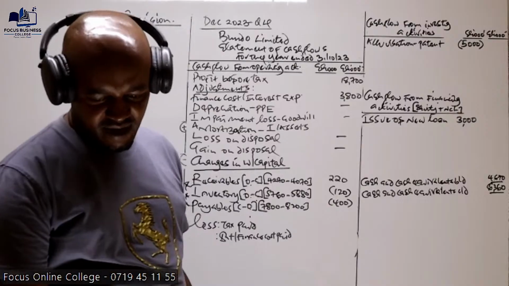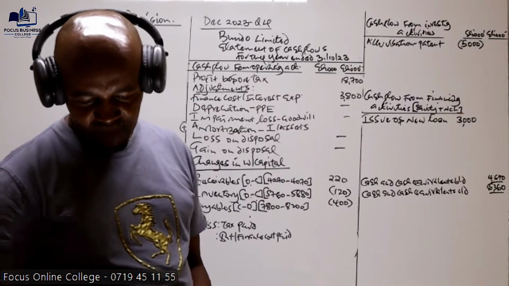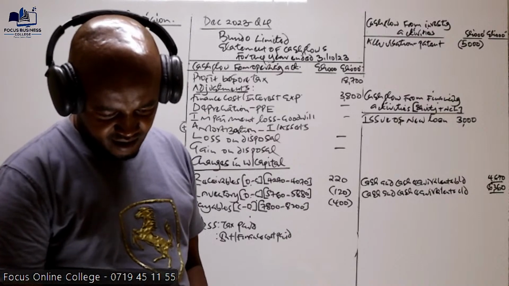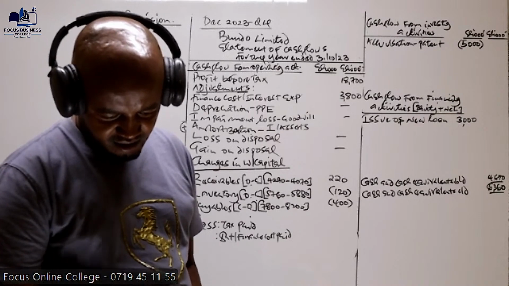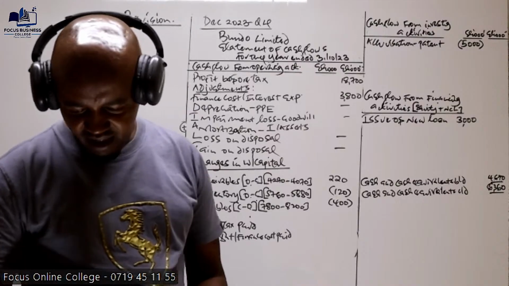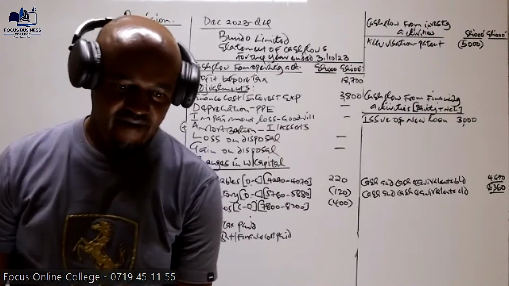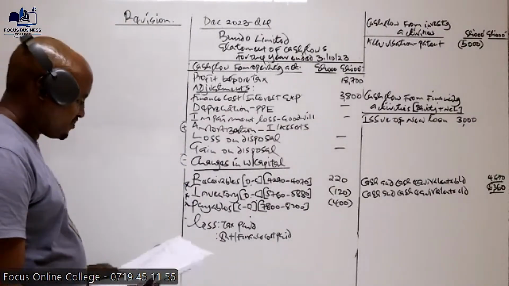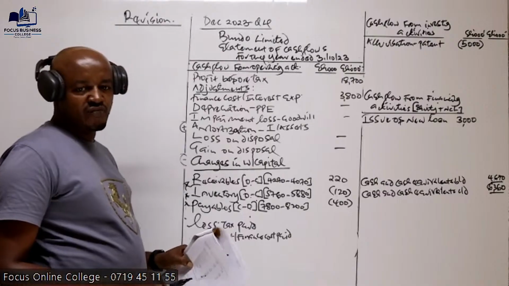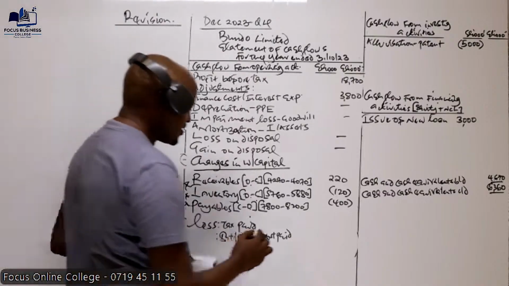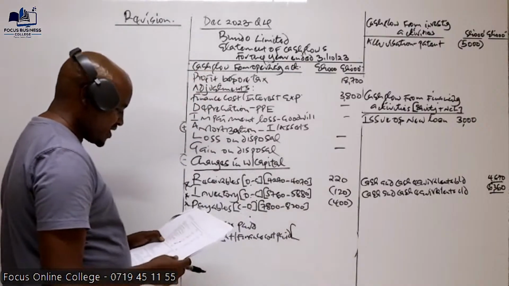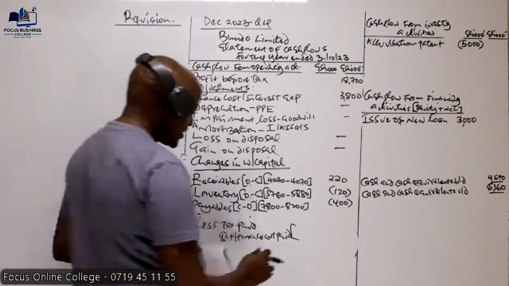Do we have interest payable in our statement of financial position under the current liabilities? Yes, we have interest payable. So because we have interest payable, how do we compute the actual amount of interest which was paid? In this case, we take the interest which was payable at the start. The interest payable at the start was 48.